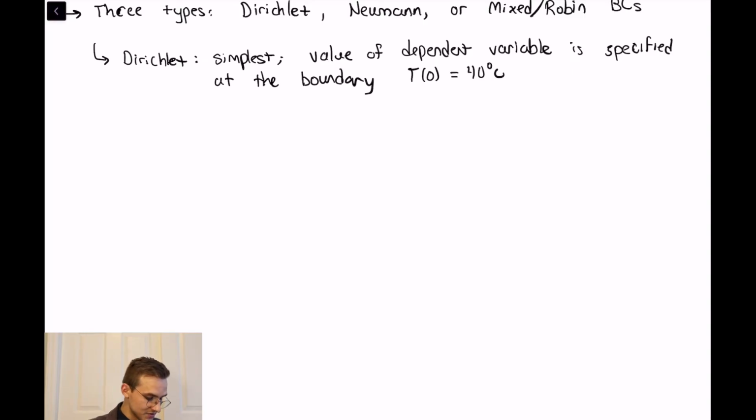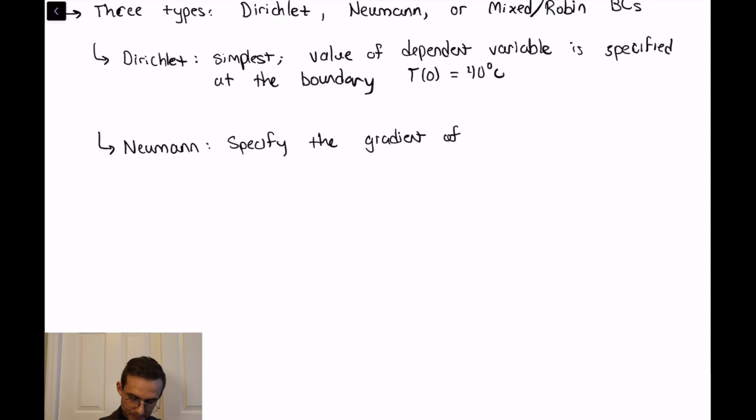But again, those are the simplest type of boundary condition. There's also another boundary condition called the Neumann type. Okay, so this is where you specify the gradient of the dependent variable at the boundary.